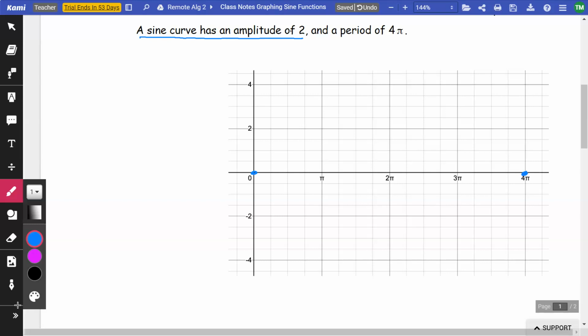Well, if one cycle occurs between 0 and 4 pi, that means that this function is going to have a midpoint of 2 pi. So when we graph these functions, we're going to look for a 0, a maximum, another 0, the minimum, and another 0.